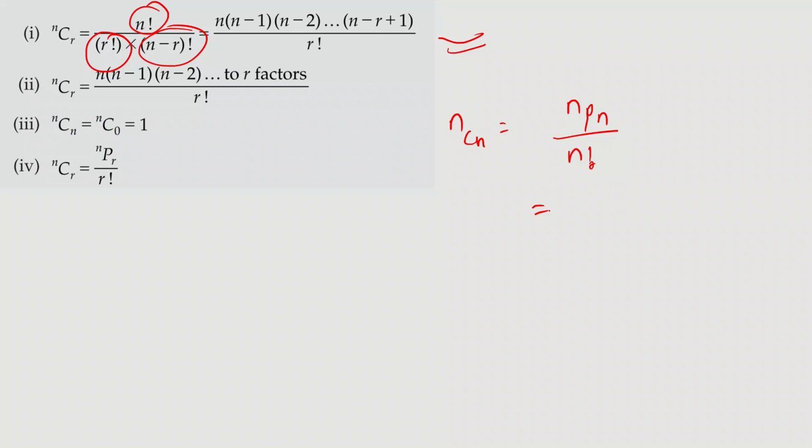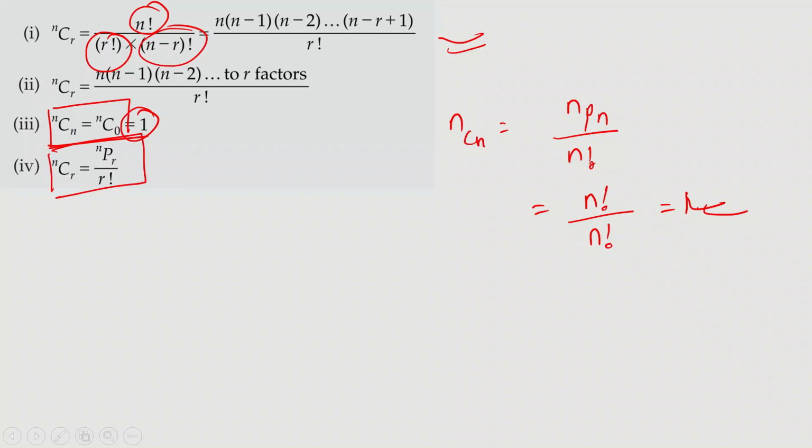Now remember, what is nPn? nPn is n factorial, and then divided by n factorial, it gives you 1. But this is something that we have to understand: why is nCn equal to nC0? We have found out that it is actually equal to 1, but why nCn is nC0, I'll tell you in just a moment. Please bear with me. And now finally nCr is nPr by r factorial. This we have done.